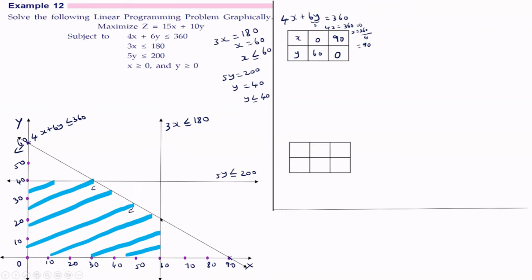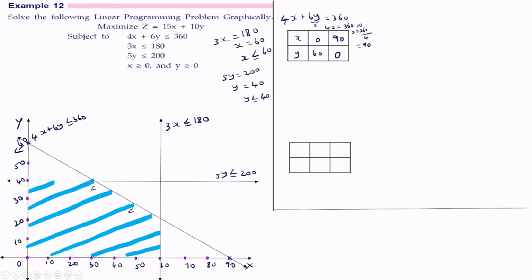Again, the theorem for the corner point method also holds. The maximum or the minimum value of z will occur at one of the corner points if it has a solution and if the feasible region is bounded. So here the feasible region is bounded. So the maximum value of z will occur at one of the corner points.